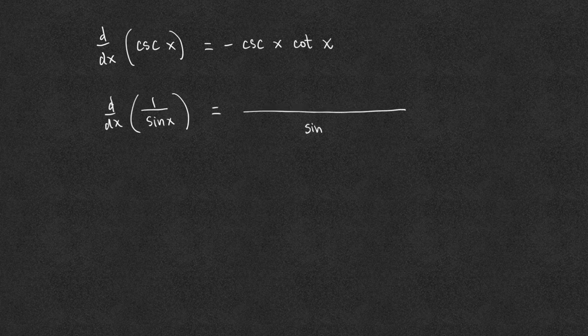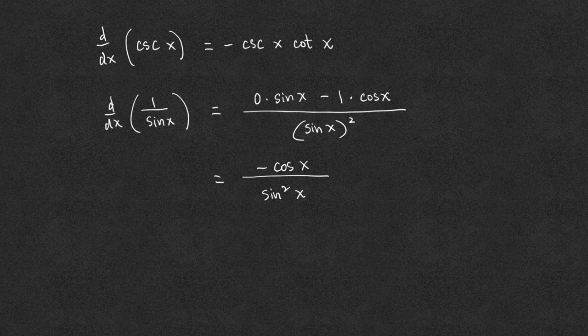Square the denominator, take the derivative of the numerator, which is the derivative of 1 is 0, times the denominator, minus, keep the numerator, times the derivative of the denominator, which is the derivative of sine of x, which is cosine of x. The numerator is now negative cosine of x, and the denominator is sine squared of x.